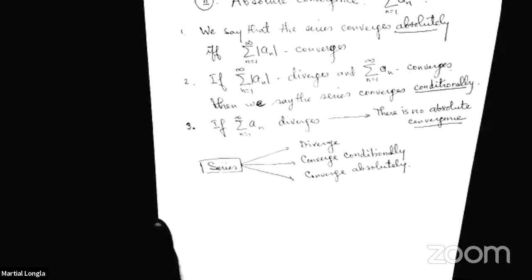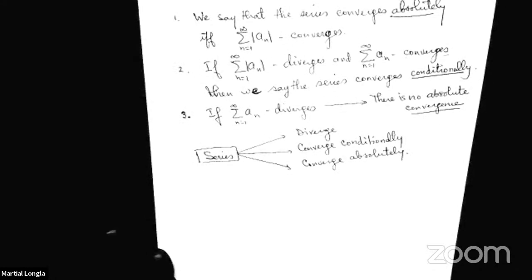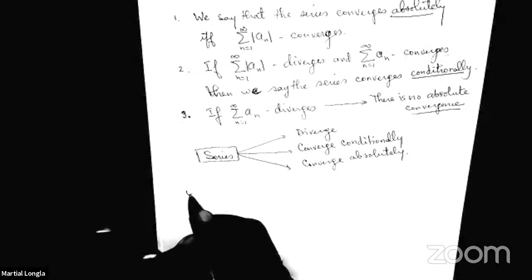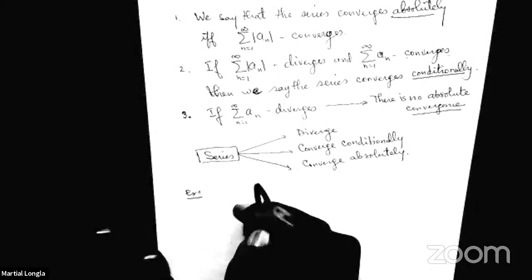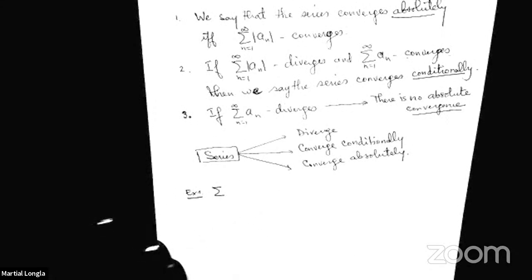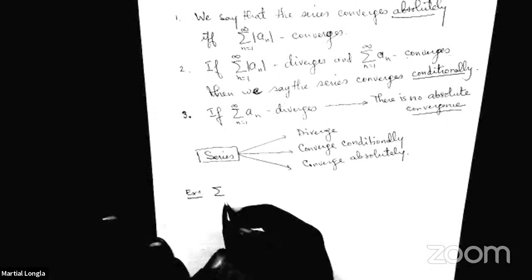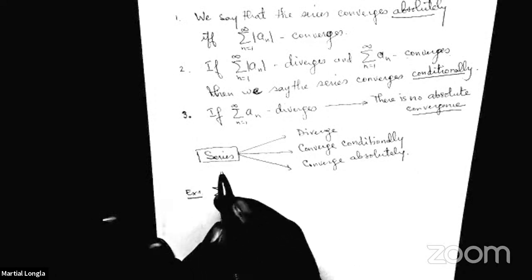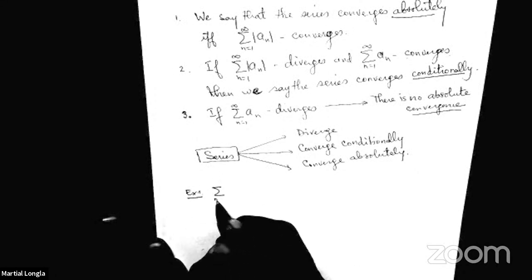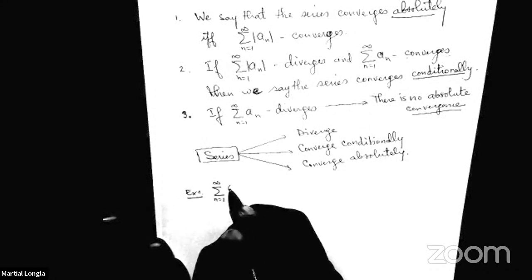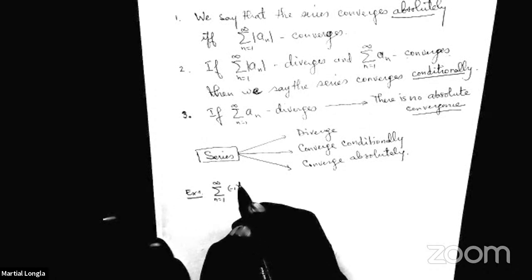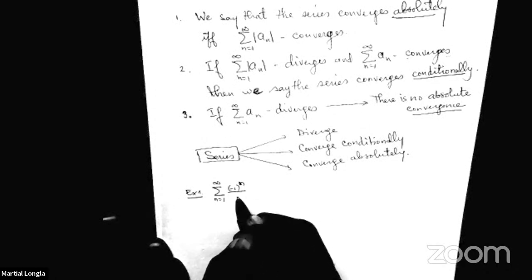Now let's look at the very first example that we had. Notice that this is also applied to alternating series. So that's what I'm going to do here now. Apply it to the alternating series, sum n from 1 to infinity of (-1)^n over n.